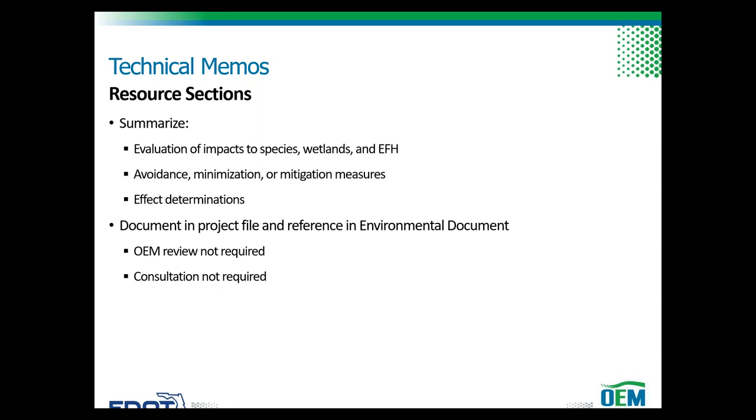Summarize the wetland assessment and quantification of wetland impacts, and if EFH is present, provide justification that EFH will not be affected. Often technical memos do not have commitments, but if there are, ensure that they are carried forward by documenting them in the technical memo environmental document and entering them into PSEE, the Project Suite Enterprise Edition commitments module. Once the technical memo is complete, upload the document to the project file in SWEPT.